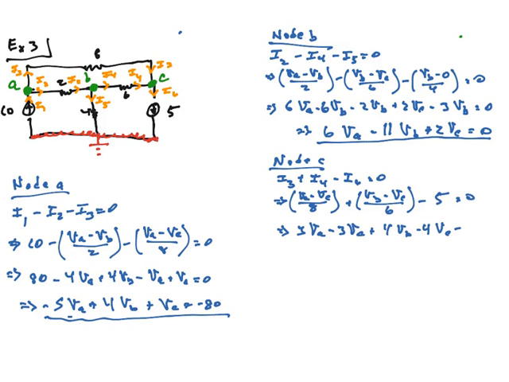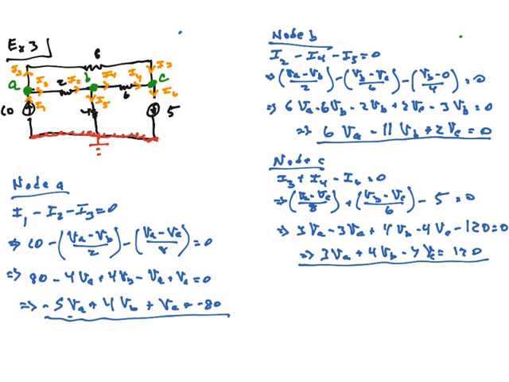And then 24 times 5 is 120 is equal to 0. Standard form, 3VA plus 4VB minus 3VC minus 4VC is minus 7VC is equal to 120.